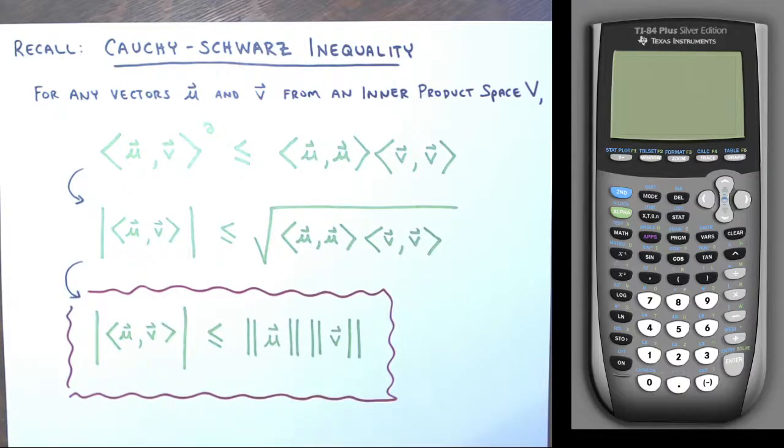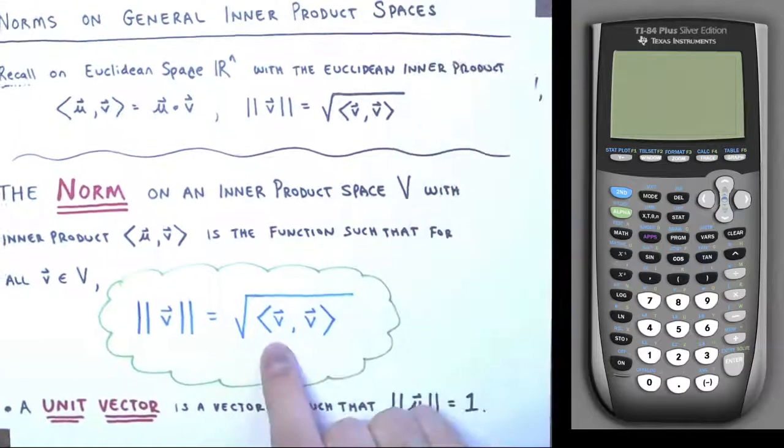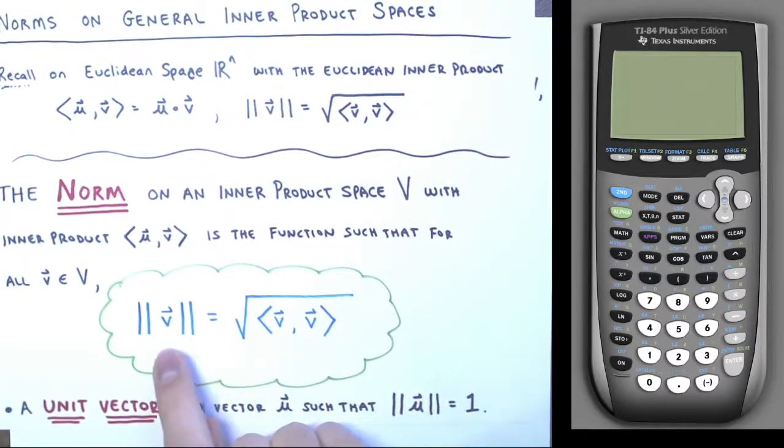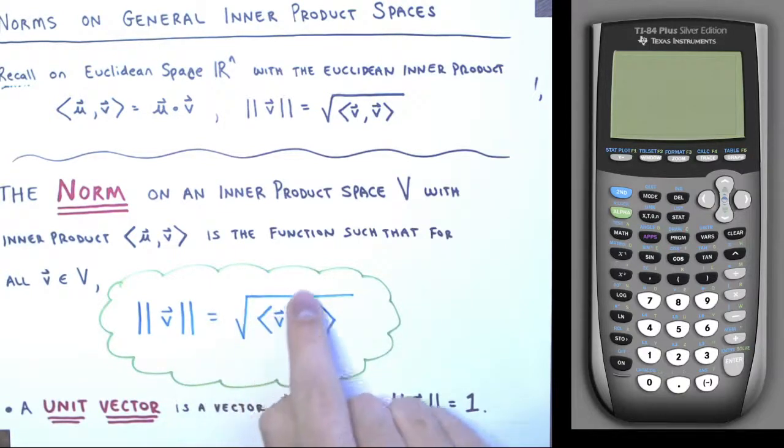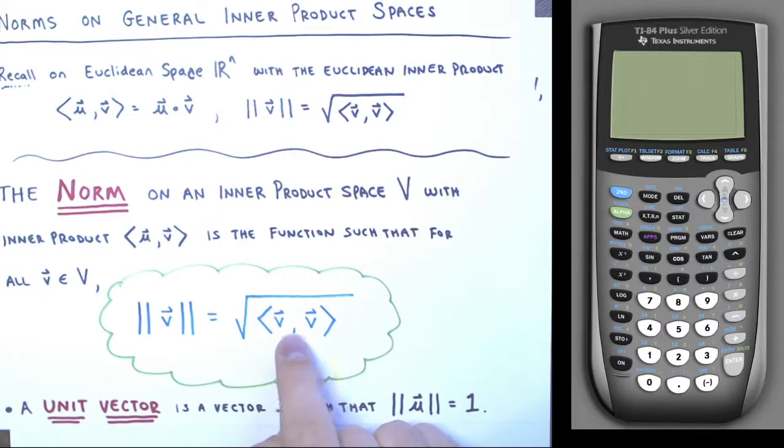Okay, so again, a lot of stuff there, a lot of stuff to take in, but I think the biggest things to take away from this video are this formula, that the norm of a vector on any inner product space is defined as the square root of the inner product of that vector with itself.